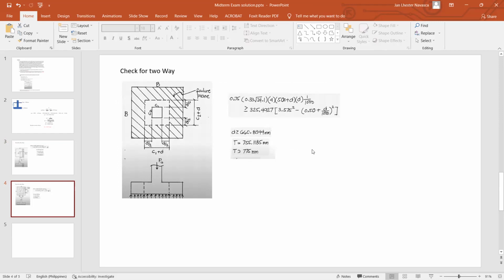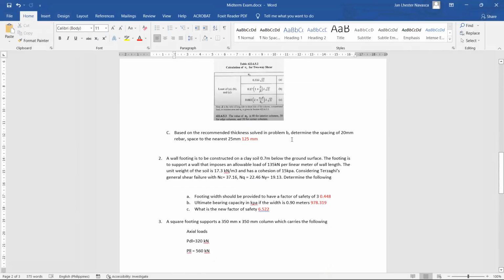Okay. And basically for number 3, according to problem number 3, what is the recommended thickness solving problem? Based on the recommended thickness in solving problem 3, determine the spacing of 20 mm rebar. Okay, so basically, since meron ka nang b and d, you can now solve for the required spacing. The formula for the spacing is, I think, binigay ko na sa inyo.